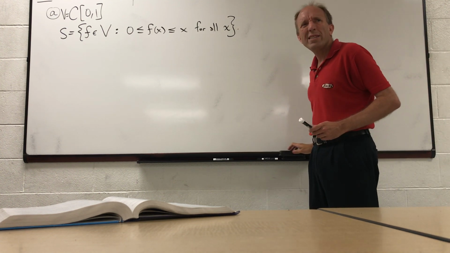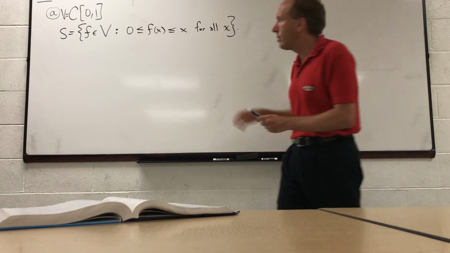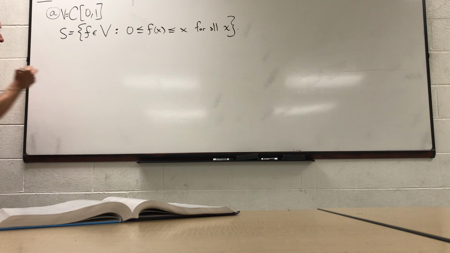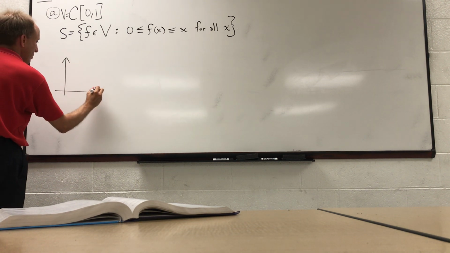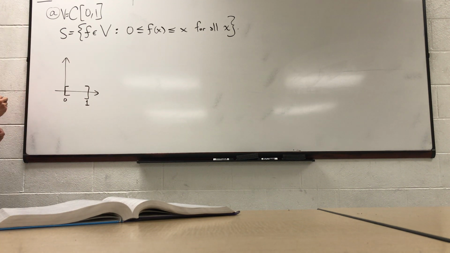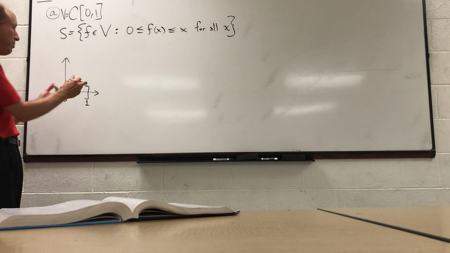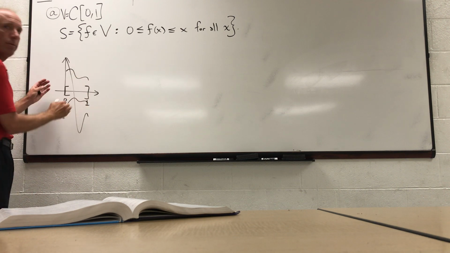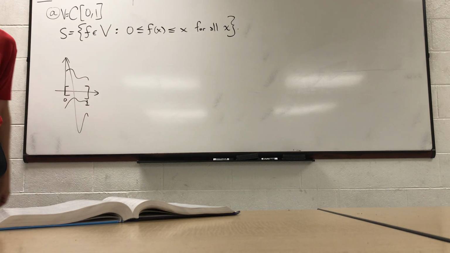So what is this actually? My vector space is just all of my calculus functions. I'm thinking of the domain from 0 to 1 right here. So it's just everything that I could graph somehow with a domain of 0 to 1.